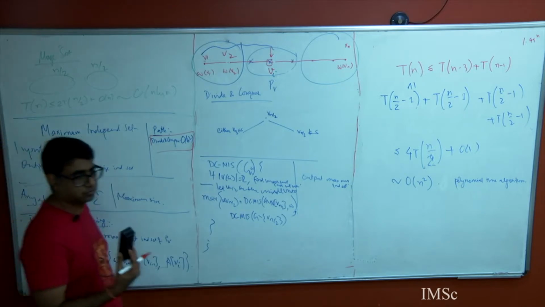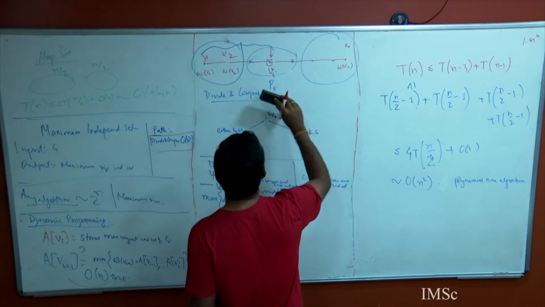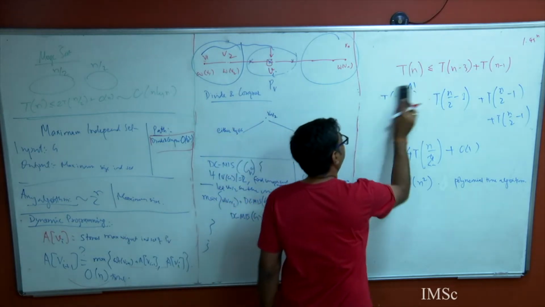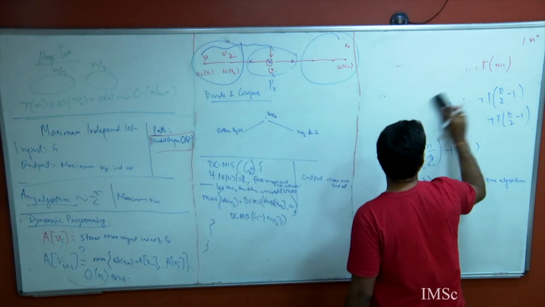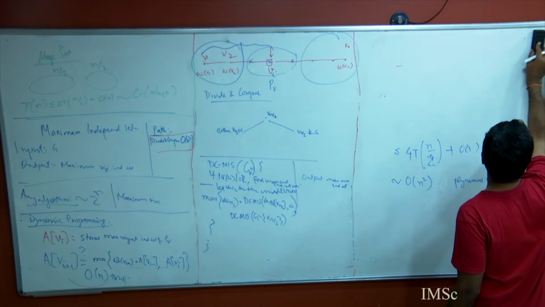I just changed my graph. Now I don't have a path, I have a tree. My family of graphs has changed to trees.